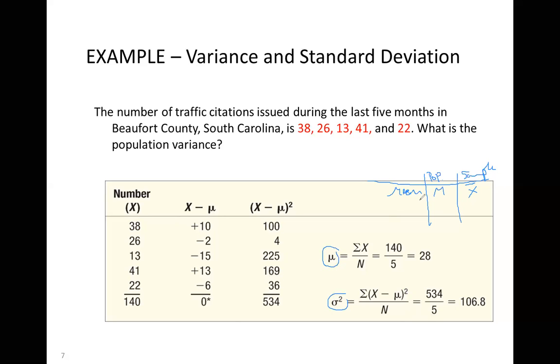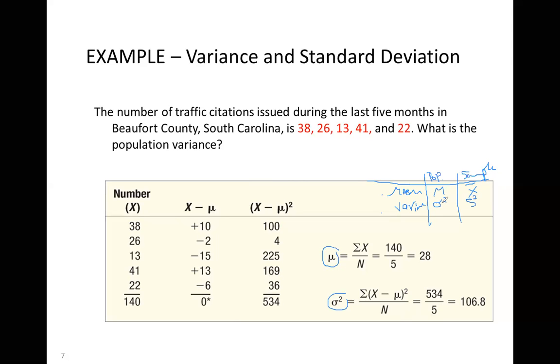The second point: if you are calculating the variance from the population, it's sigma squared. And if you are calculating the variance from sample data, we name it s squared. We have a very simple difference between sigma squared and s squared.